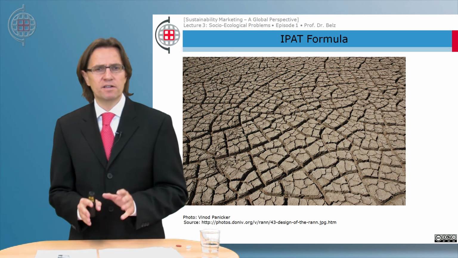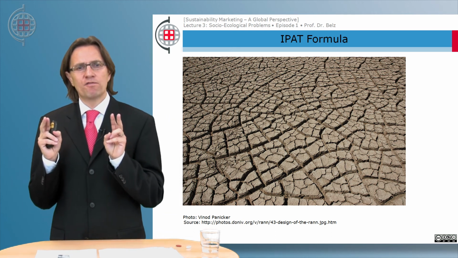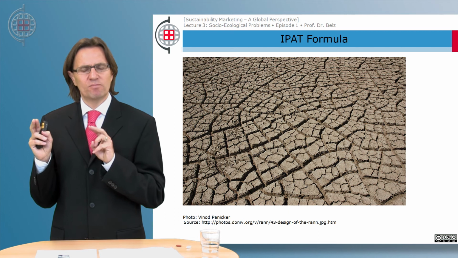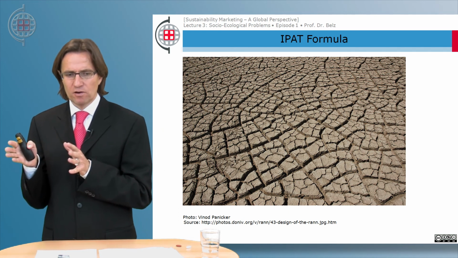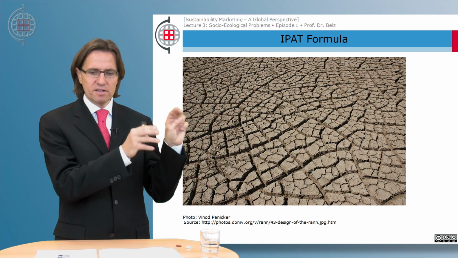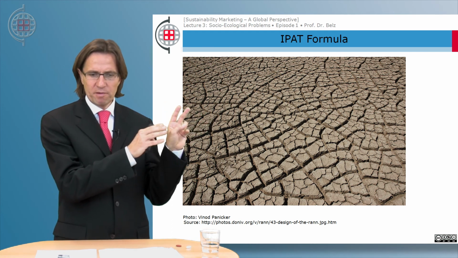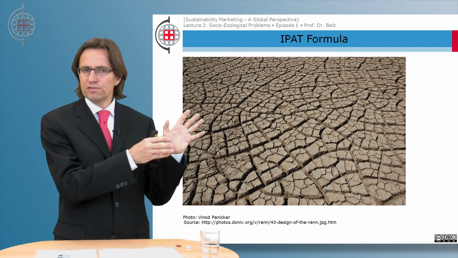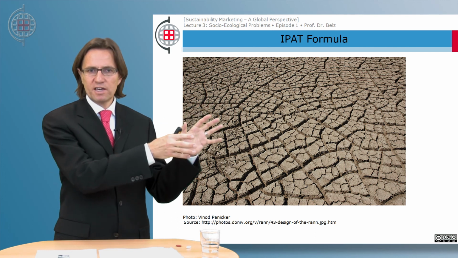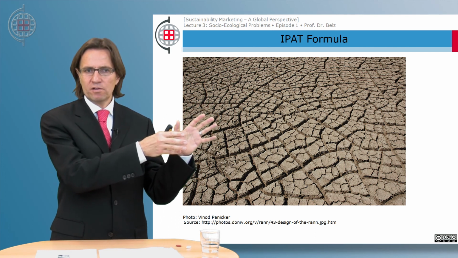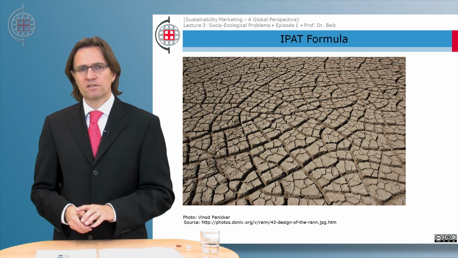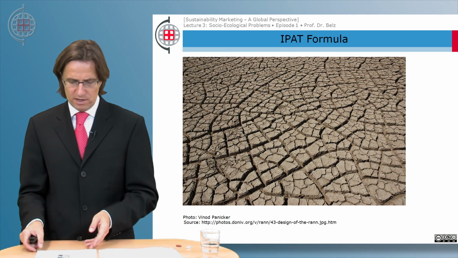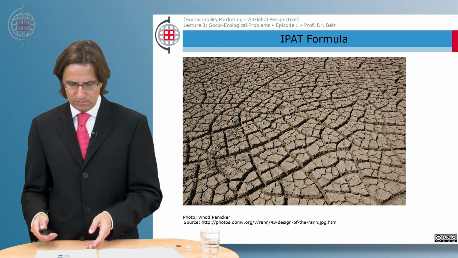One indicator is the phenomenon of land grabbing. What does that mean? It means that some countries go abroad and take the land, so to say, from other countries to produce food, for example, or to take their minerals. So in the future, we will see more fights about fertile land and resources.